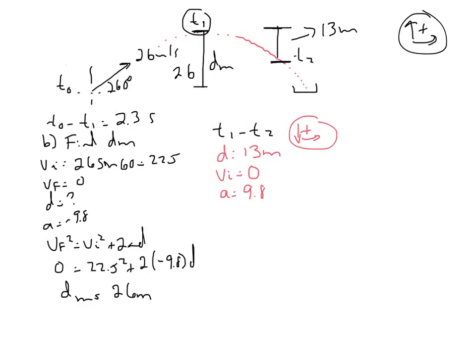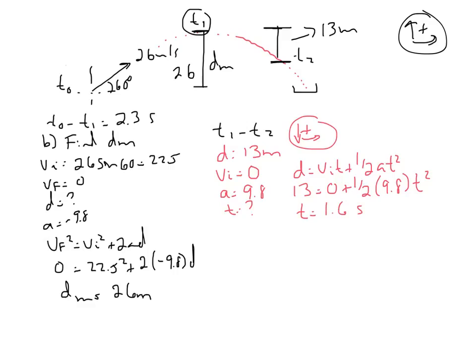And time is what we are looking for. So we're going to use the equation D equals VIT plus 1/2 AT squared. 13 equals 0 plus 1/2 9.8 T squared. You do your rearranging and you get T equals 1.6 seconds.